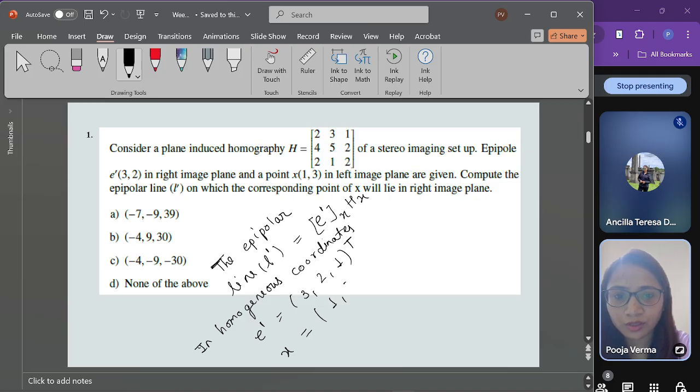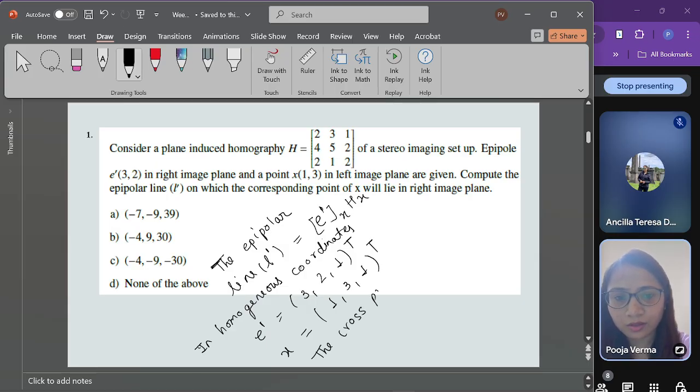So X is 1, 3, 1 transpose. Now we have converted to homogeneous coordinates. Now first we need to find this coefficient E dash cross X. So how can we calculate this? So this is it.